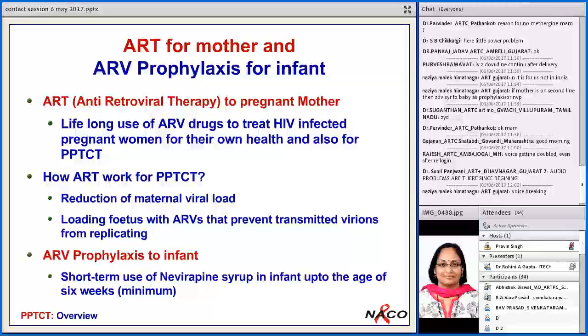It reduces the viral load in the mother and also loads the fetus with antiretrovirals which prevent any transmitted viruses from replicating. And ARV prophylaxis in the infant, what we are using is nevirapine syrup up to 6 weeks.